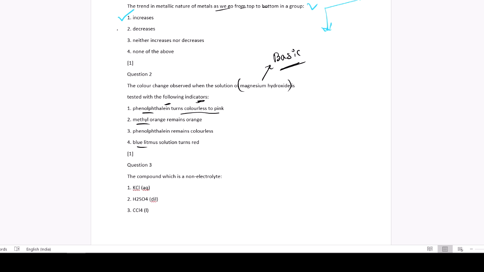That's absolutely correct. Methyl orange remains orange, which is not correct in basic medium. Phenolphthalein remaining colorless is not the correct one. Blue litmus solution turns red. We know about litmus solution: red litmus turns blue in the presence of a base. So option 1 will be the correct option.